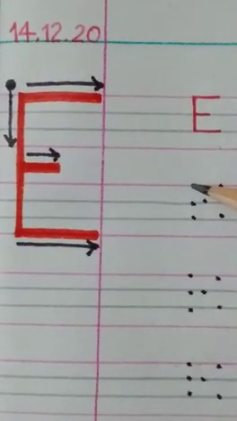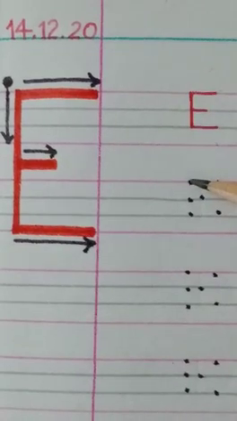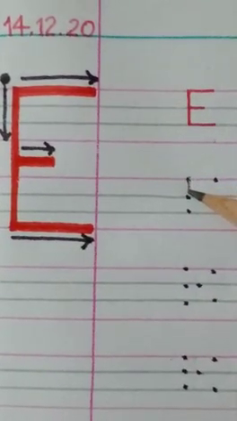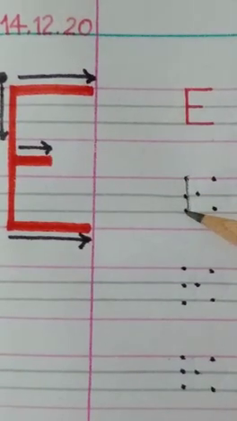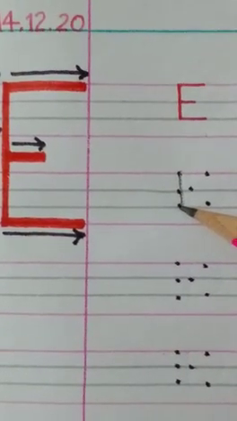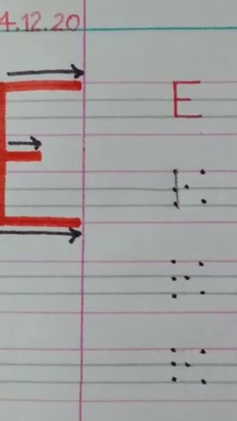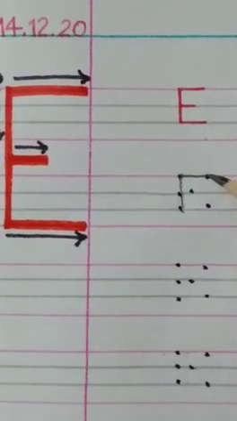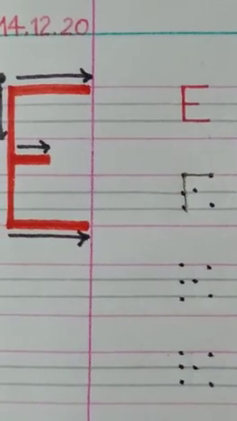So I'm going to start. Recall the arrows. According to these arrows, our starting point is this, and I'm going to draw a straight line like this. For the second one, I have to draw this.